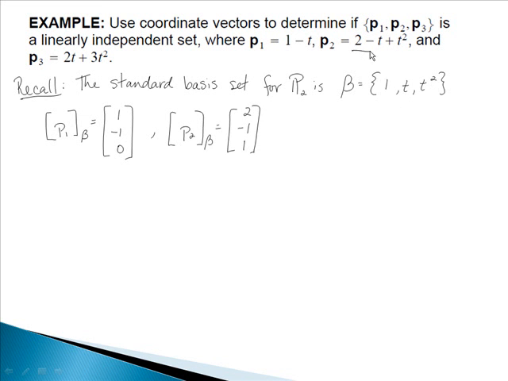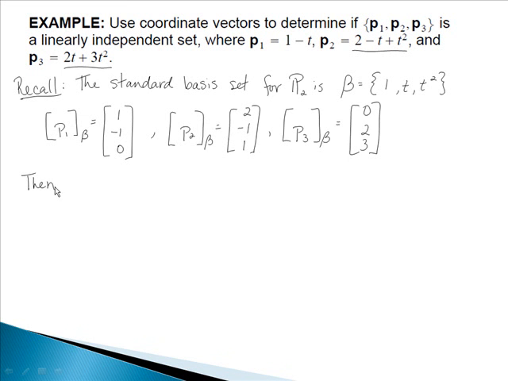And we're trying to get the equations that p2 is defined as. And now we look at p3. The B coordinate vector for p3 will be 0, 2, 3.